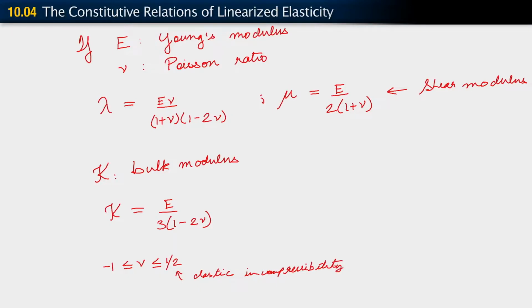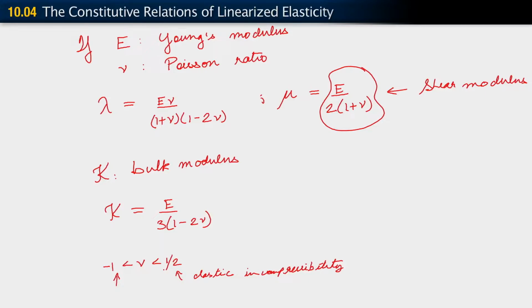As you may imagine, if you approach the limit nu equals -1, you get a material that is shear unstable. To use this theory properly, let's leave those actual limits out, because otherwise linearized elasticity tends to break down.